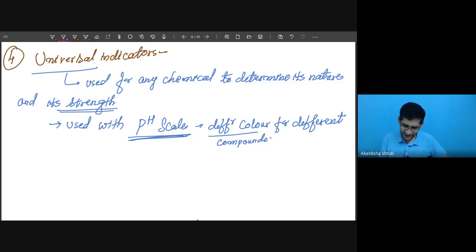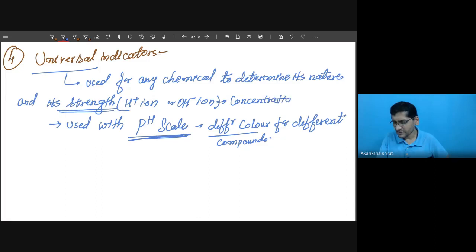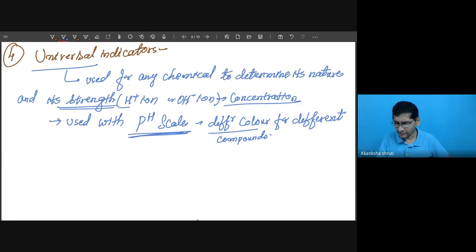So this strength is nothing but the hydrogen ion; if more hydrogen ion is there, or it may be expressed in the OH minus ion, this is called the concentration. So strength is expressed in terms of concentration. More hydrogen ion means a strong acid.